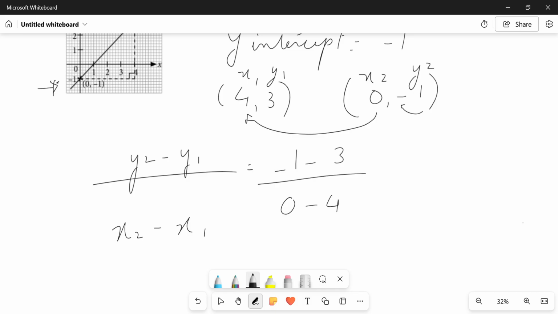So minus 1 minus 3 is minus 4, divided by 0 minus 4, which is minus 4. So minus minus cancel, and 4 ones are 4, 4 ones are 4. So the gradient is 1. I hope that people will understand this.